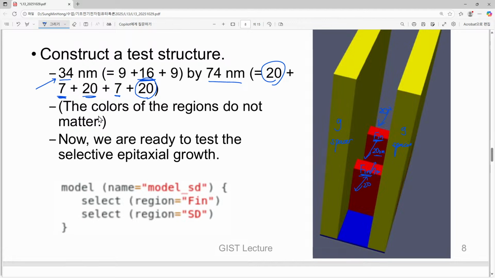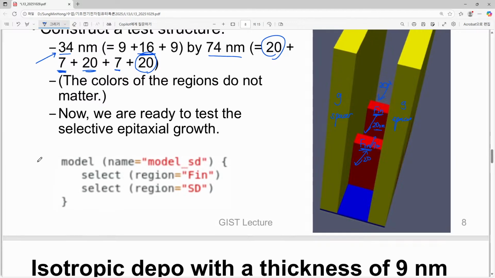Please note that the colors of the regions are slightly changed from our original, later simulation or emulation result, but please neglect it. Now we are ready to test the selective epitaxial growth.